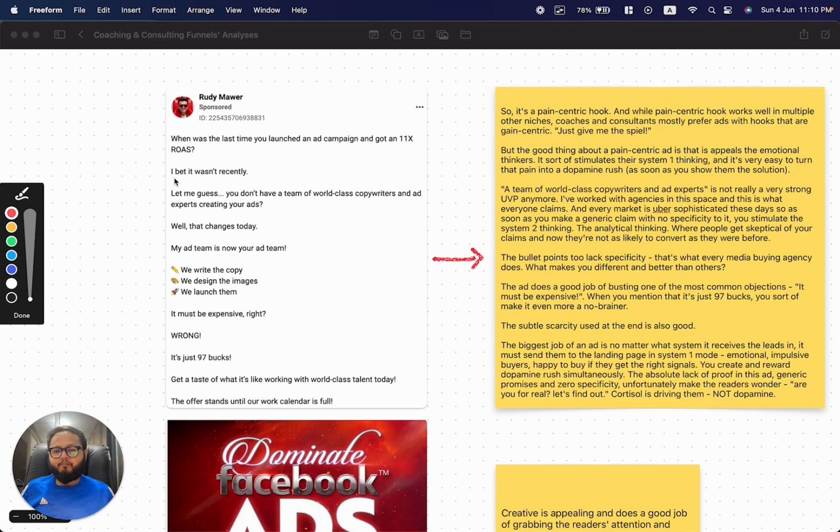So a team of world-class copywriters and ad experts. Right here: world-class copywriters and ad experts creating your ads. So what's so different? I've worked with agencies, in this space and in other spaces too, like one e-com agency.